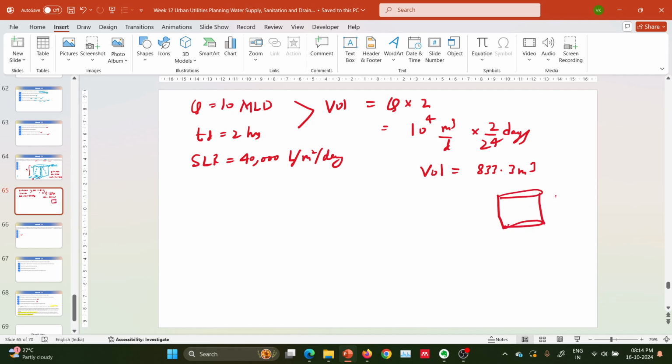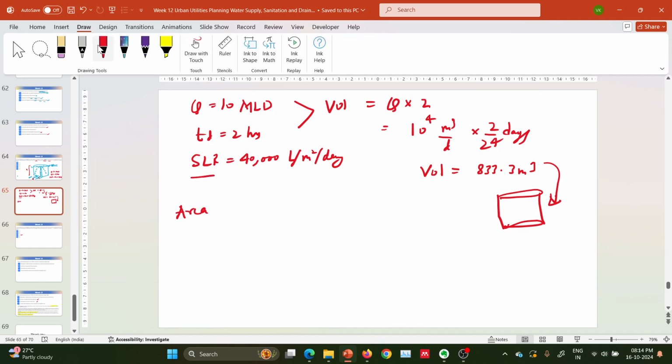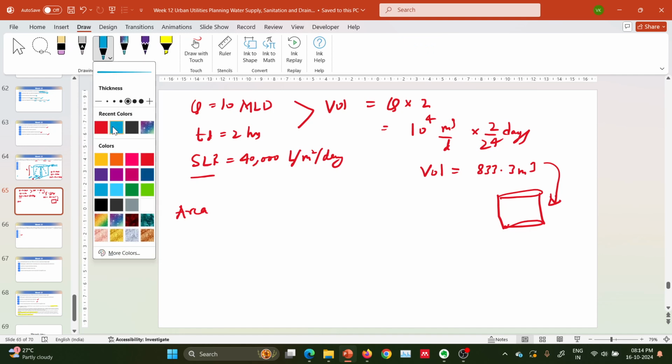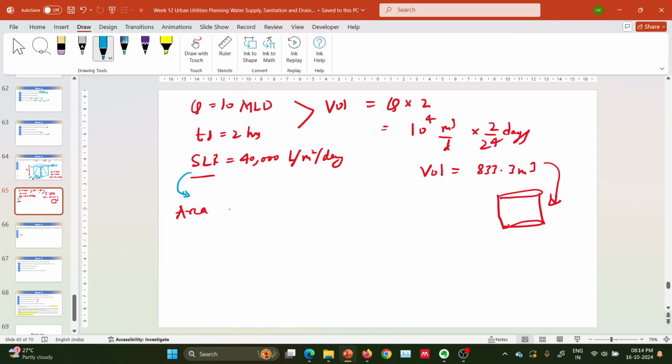If we get the area, we can find the depth. We know the Q value: Q is 10 to the power 7 liters per day. If we divide it by the surface loading rate, 40,000 liters per meter square per day, we get the area, which comes out as 250 meter square.